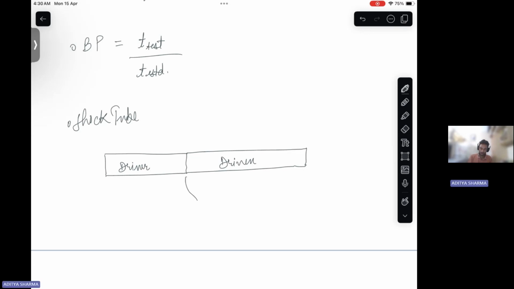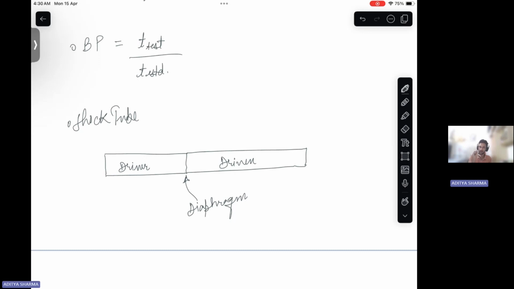Here we have a diaphragm. High pressure gas is given to the driver section, and the driver and driven sections are separated by a thin diaphragm.